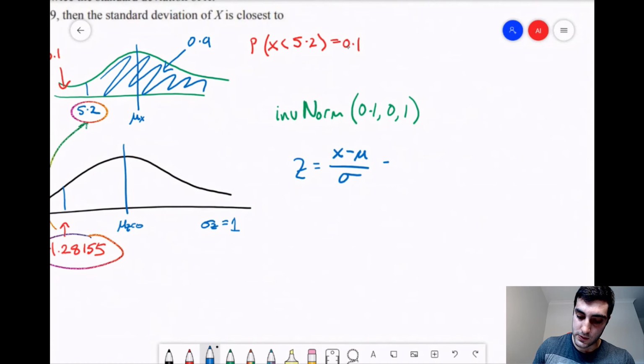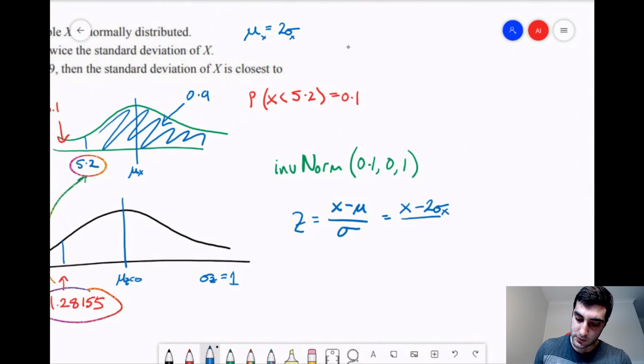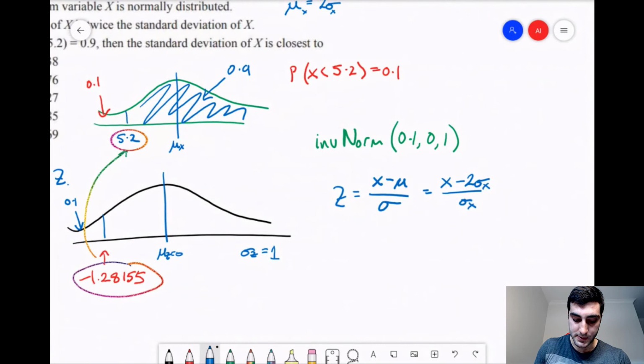So in other words, we can say x minus twice the standard deviation of x over the standard deviation of x, and we can start subbing in some values. So the next line here, we know that z value was minus 1.28155. It's going to be equal to 5.2 minus 2 sigma x over sigma x.